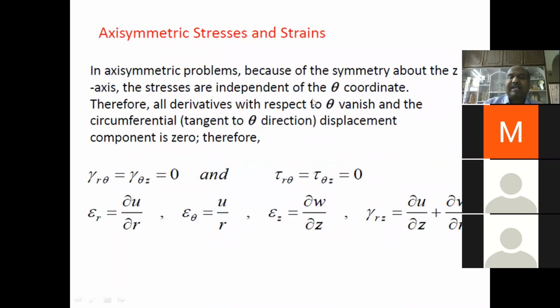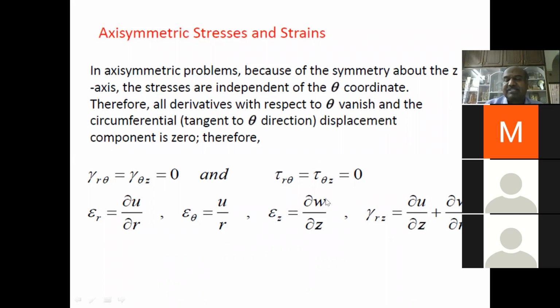So for axisymmetric members, when you consider gamma r theta and gamma theta z as 0 in the above equation, then epsilon r becomes dou u by dou r. Epsilon theta is simply u by r. At any radius and any angle, the radial displacement divided by the radius is simply the circumferential strain.